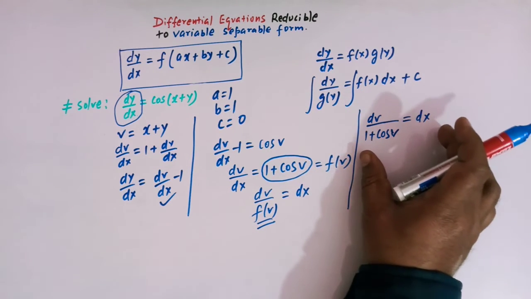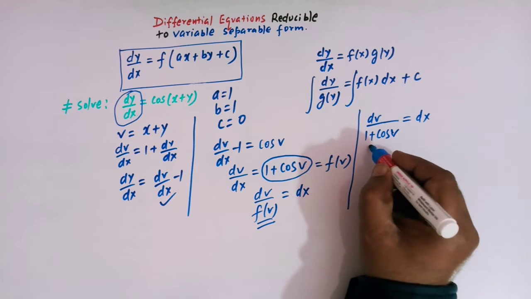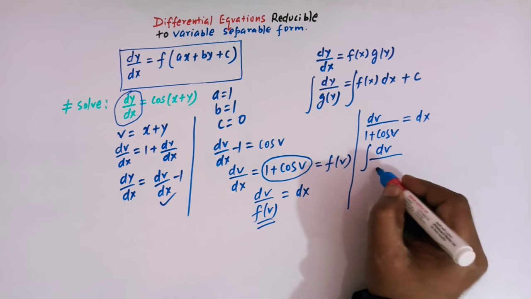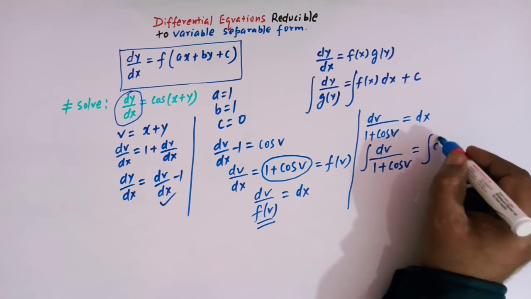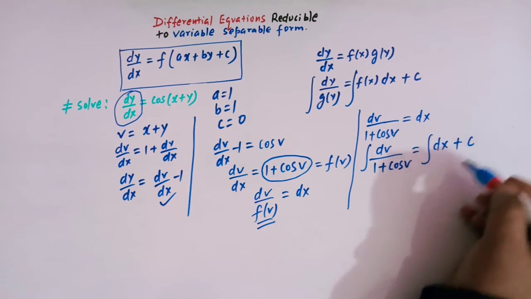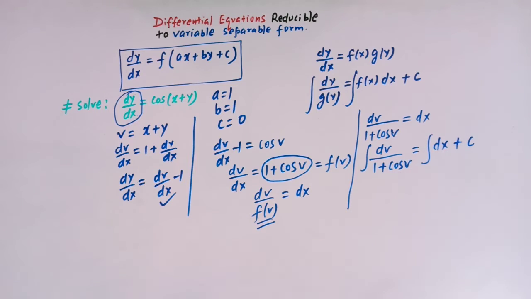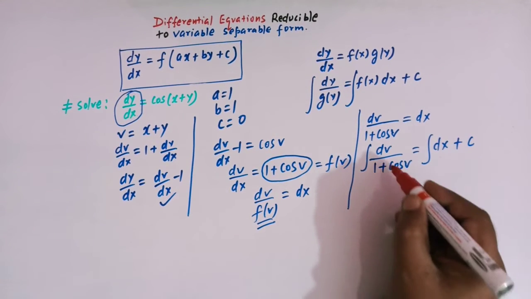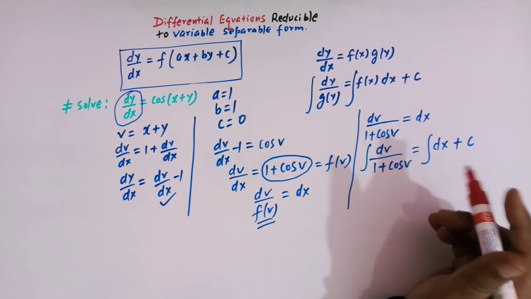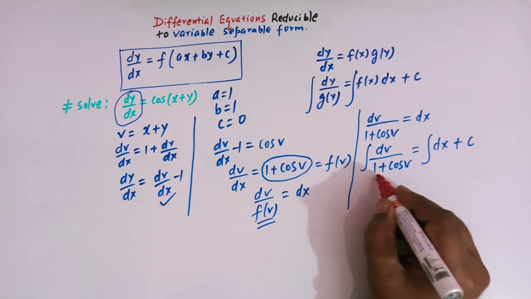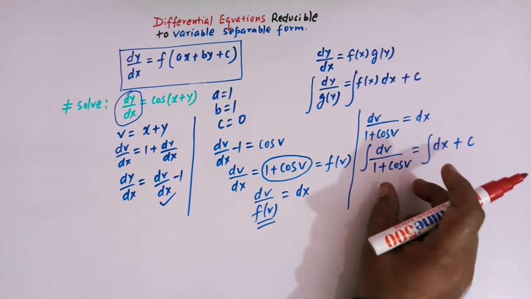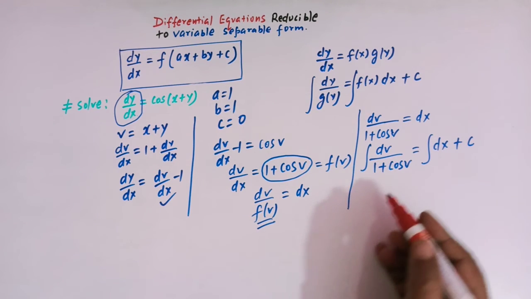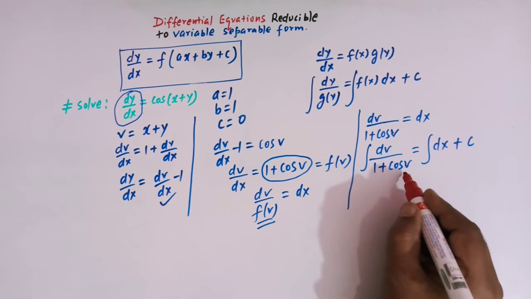Now we can integrate both sides, so we write the integral of dv over 1 plus cos of v is equal to the integral of dx plus c, where c is the constant of integration. Now here we have an interesting integral, with 1 plus cos of v.